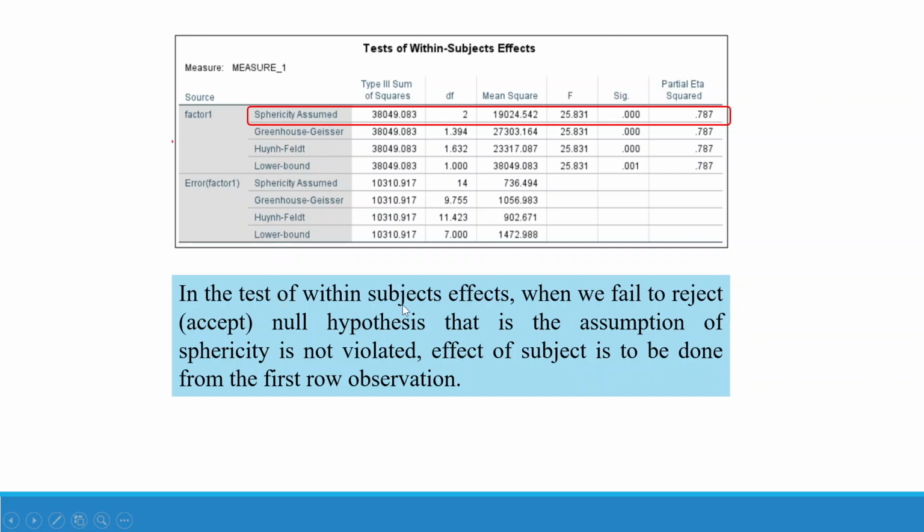In the Tests of Within-Subjects Effects table, when we fail to reject the null hypothesis in Mauchly's test, that is, the assumption of sphericity is not violated, the effect of time is to be read from the first row, Sphericity Assumed. So we are considering this p-value to see the effect when the sphericity assumption is not violated. In our case, it is not violated.